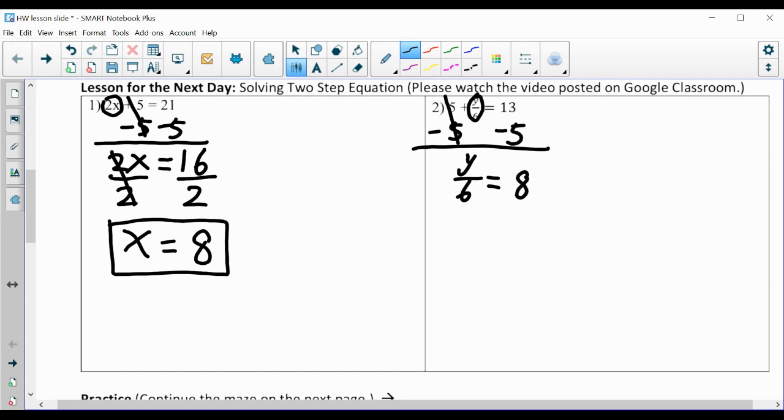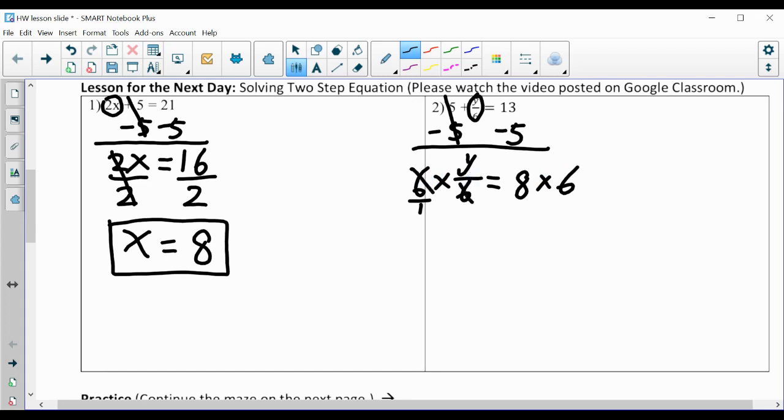Okay, so right here, as we said, every time you see a fraction, that means over or division. The opposite of division means multiply. So what do you multiply? You multiply by 6 on both sides, because you can write 6 over 1.